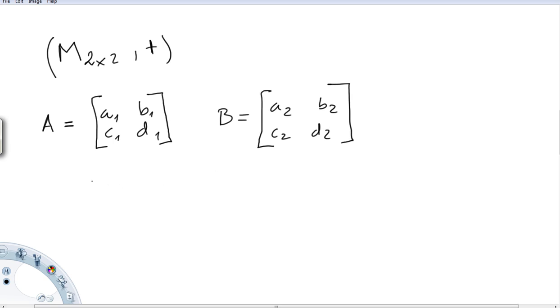You know what matrix addition is, right? You're going to add them, so it will be a1 plus a2, b1 plus b2, c1 plus c2, and d1 plus d2.